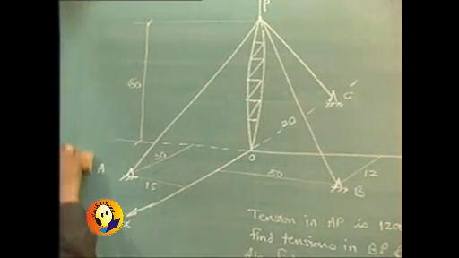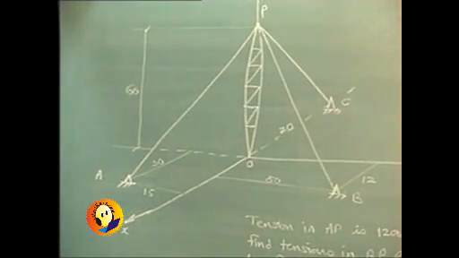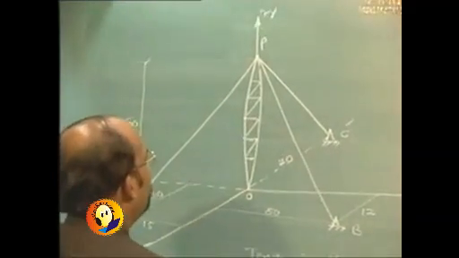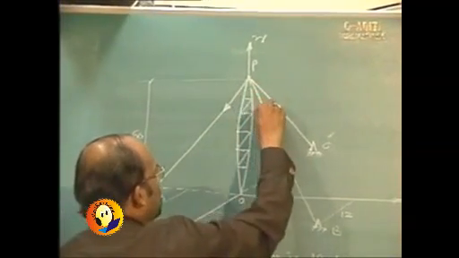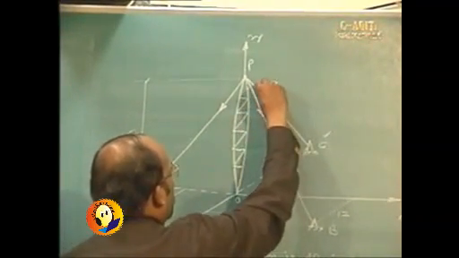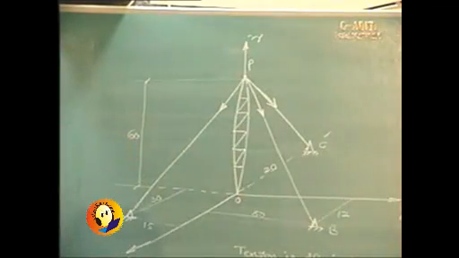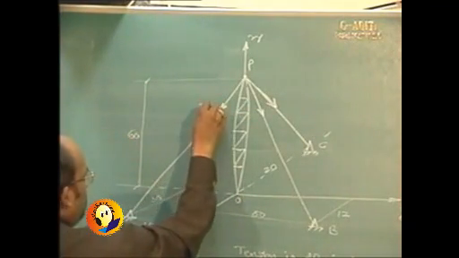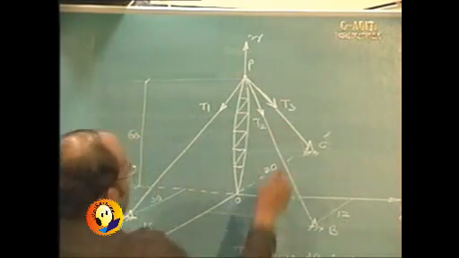Now remember that these are all cables. These are all the cables which are attached to the pole at point P, and obviously they will be giving a pulling effect. So the tensions can be shown in this direction. So their effect will be like this. So call it as T1, T2 and T3.